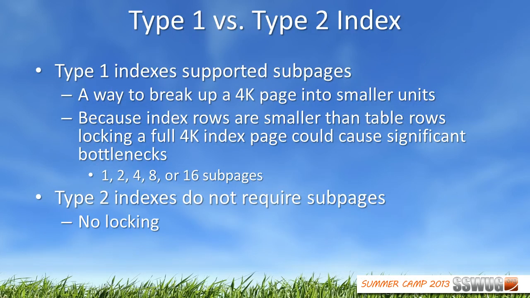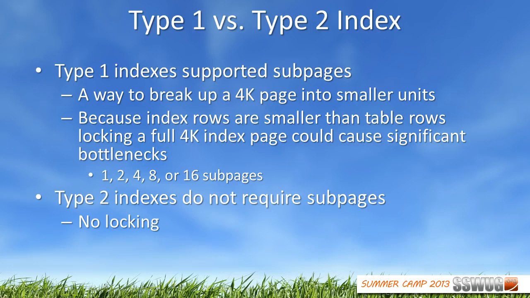So, Type 1 versus Type 2 indexes. They're both B-trees. However, a Type 1 index had what was called a subpage. So you had a 4K page that was broken up into smaller subpages. This was required because index rows are smaller than table rows, so you really wouldn't want to lock a full 4K index page, because that could cause bottlenecks, since more index keys would be locked than data pages. So you have 4 rows on a data page, say, and 20 rows on an index page.